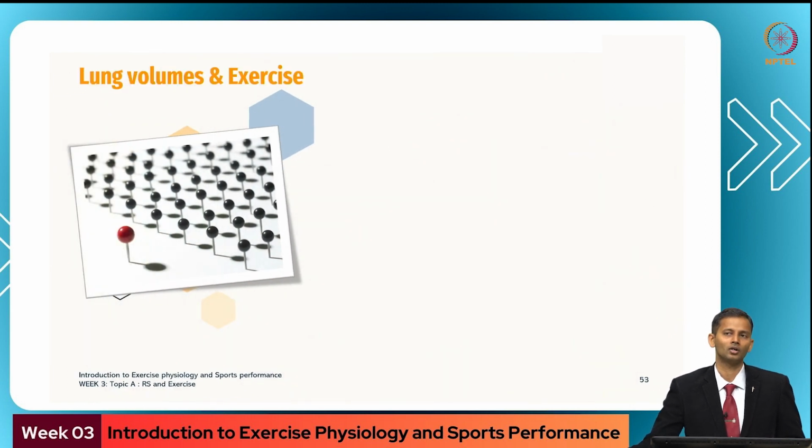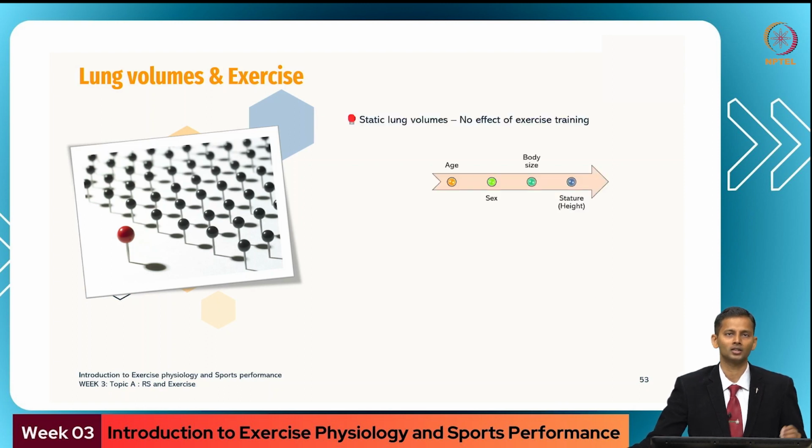So, we know how the ventilation responds to the demand in case of a maximal exercise. Having known that, let's understand the relation between lung volumes and exercise. We have earlier discussed that the static lung volume is mainly genetically determined and depends on the size of the thoracic cage.